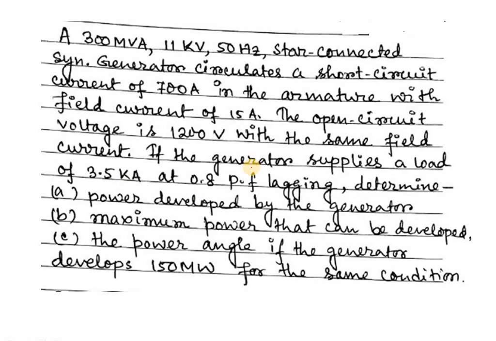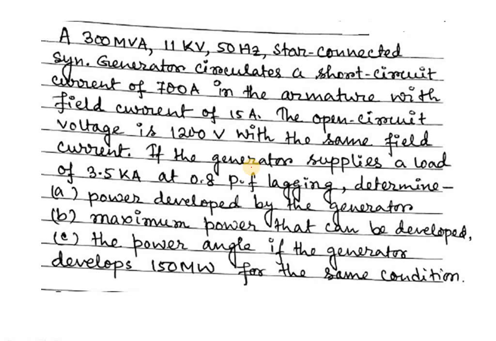Now, let us consider a mathematical problem related to the equivalent circuit. A 300 MVA, 11 kV, 50 Hz star connected synchronous generator circulates a short circuit current of 700 ampere in the armature with a field current of 15 ampere.